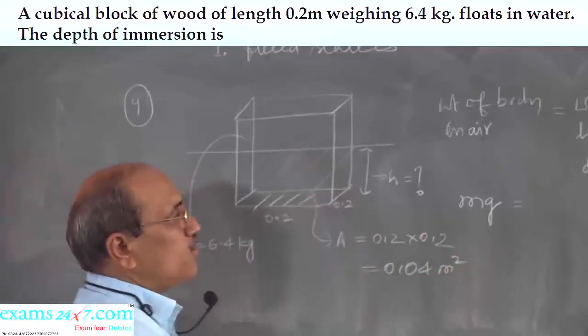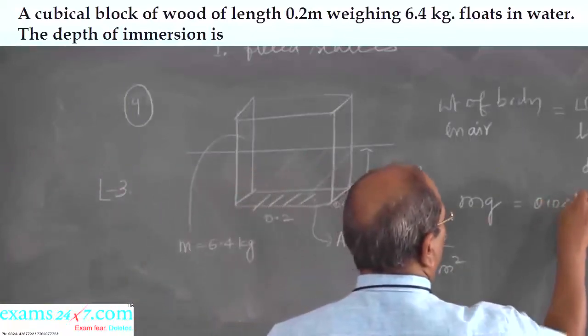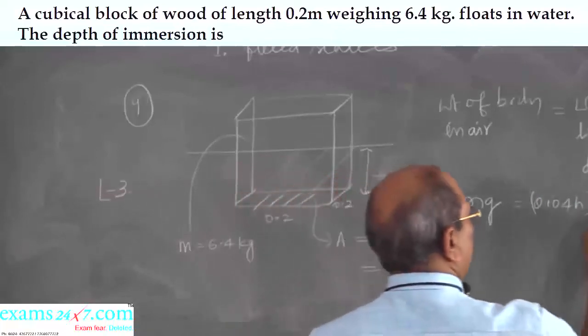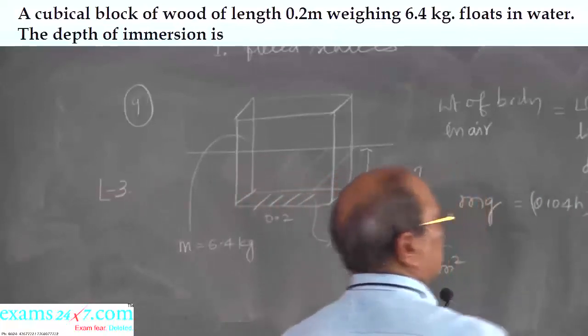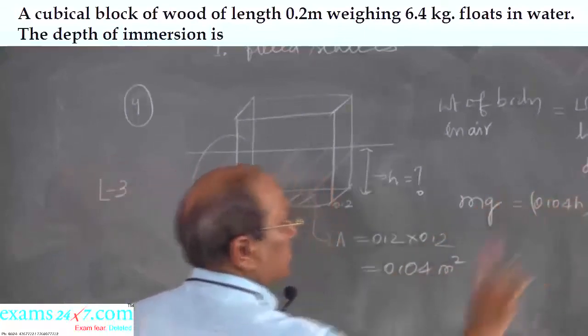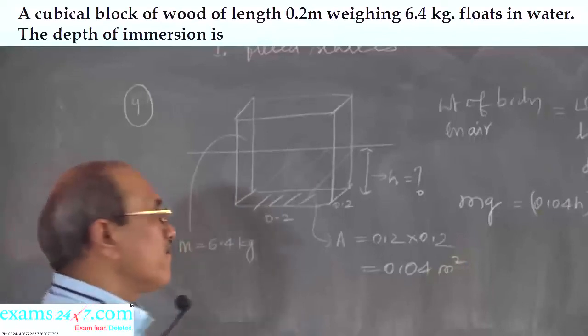Base area into height gives you the volume. That is, I can write 0.04 into h volume. Density of water into G. This is the weight of the water displaced. This is the weight of the body in air.